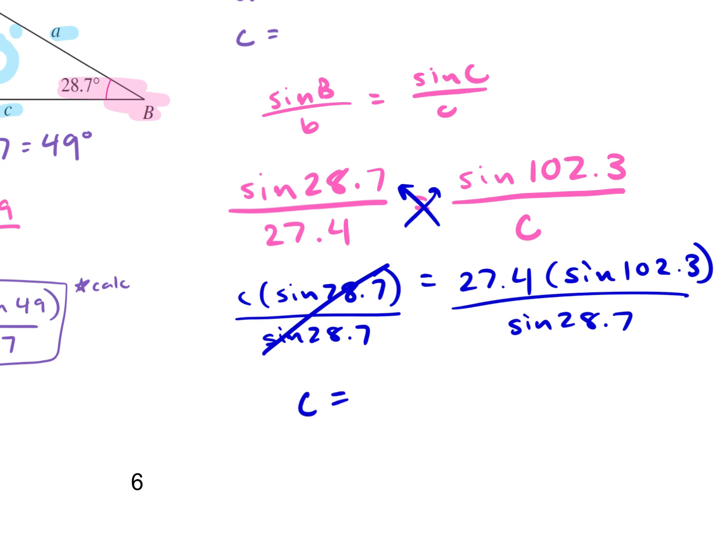So C is equal to, then we're going to put this into our calculator. So I'm going to find the top. I'm going to do 27.4 times sine of 102.3. Push equals, get a number, we get 26.77. And I'm going to divide that by sine of 28.7.